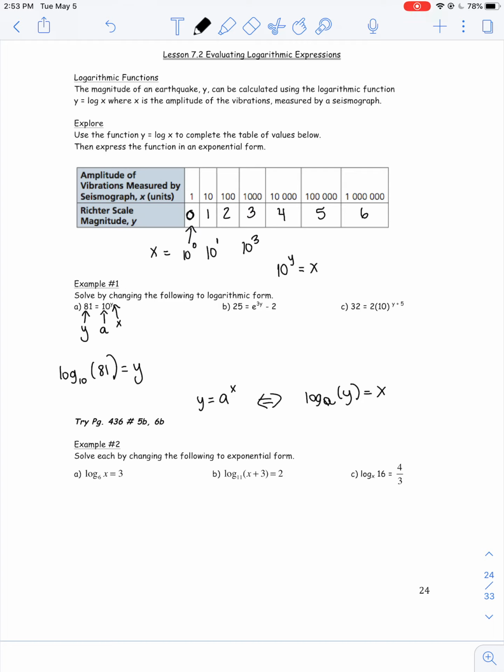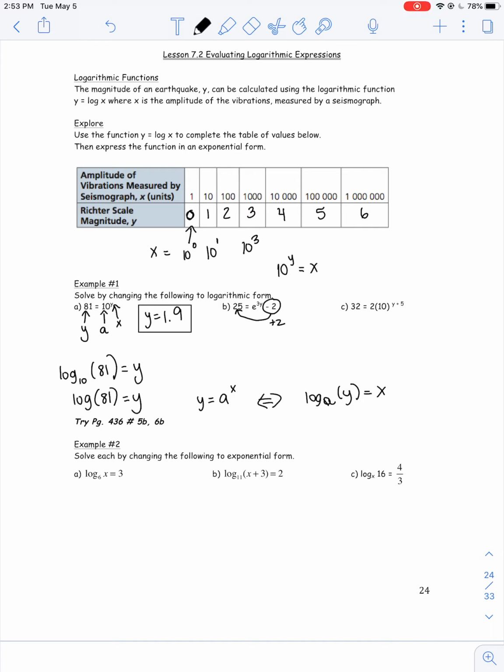Our y value is 81, and that equals our x value, which in this case is the variable y. When we have a base of 10, we don't have to write it. So really what we're evaluating is log of 81, and that's our answer. In your calculator, you put log, bracket, 81, close your bracket, and you should get that the y value is 1.9.